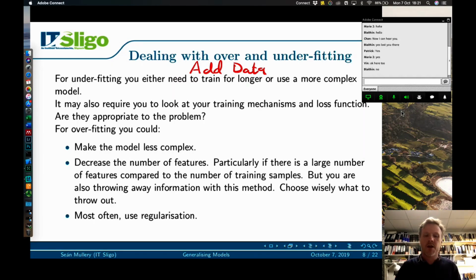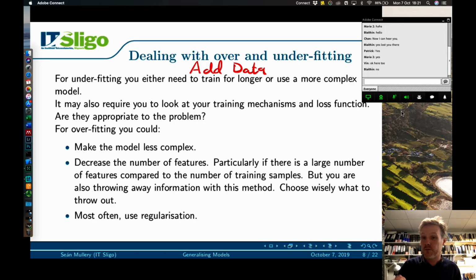So I was mentioning here about decreasing the number of features, and I was saying that some of the features may not be important. The trouble with this idea is that if you make an assumption about which features are not important, you rule out the idea that the model may find a correlation that you as the human don't realize is there.